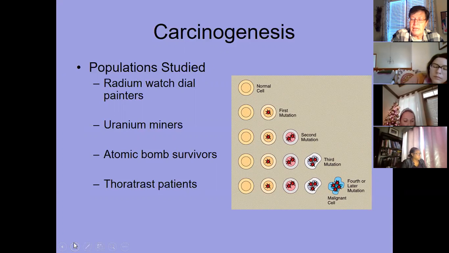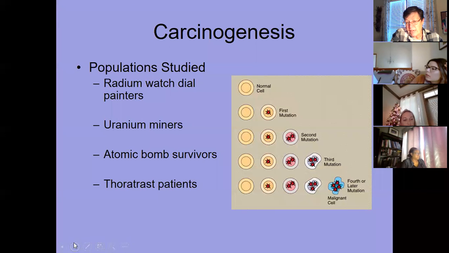So since we can't do any controlled studies of radiation causing cancer, what is the link that we've seen in the past between radiation exposure and cancer induction? Well, there's actually numerous links. Nushin gave a report on the radium watch-dial painters. They absorbed radium. A lot of them ended up with sarcomas. Uranium miners breathe in radon gas. They ended up with lung cancers.